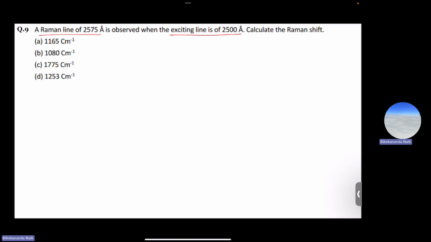So if we discuss the wavelength of Raman line, the Raman line wavelength is 2575 Angstrom.